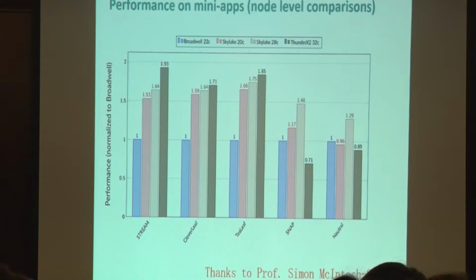CloverLeaf is a stencil-based code, so with proper tuning you can actually get better results, even better than Skylake. But for a few codes that are more floating-point bound, you still get reasonable performance compared with Intel-based architectures.